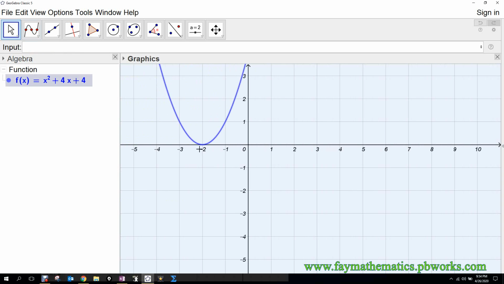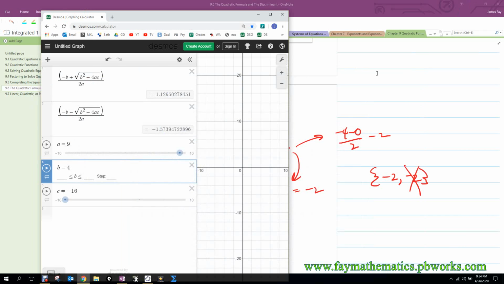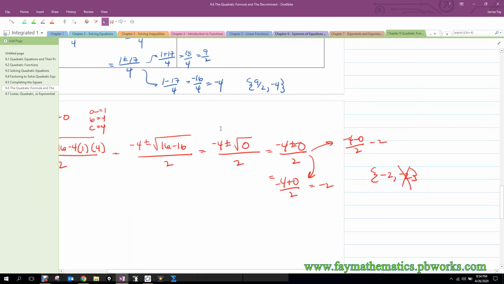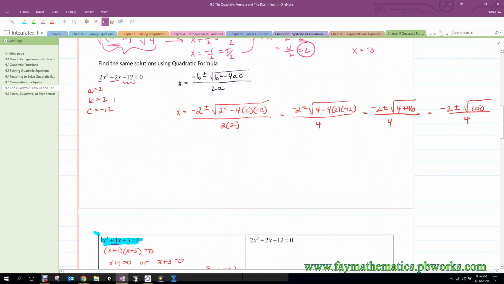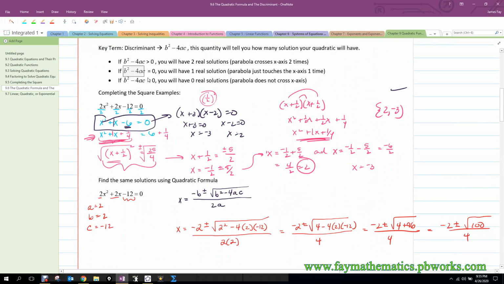You can see here that you only touch your x-axis one time at that negative 2. Let's go back to our notes previously when I talked about the discriminant. When b squared minus 4ac was equal to 0, you have one solution.